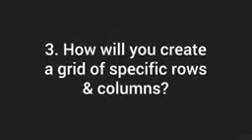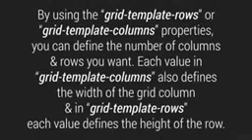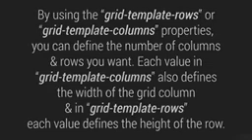The next question, how will you create a grid of specific rows and columns? By using the grid template rows or columns properties, you can define the number of columns and rows you want. Each value in the grid template columns also defines the width of the grid column, and in grid template rows, each value defines the height of the row.